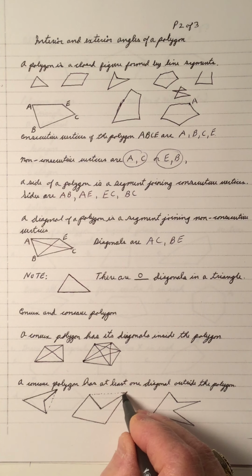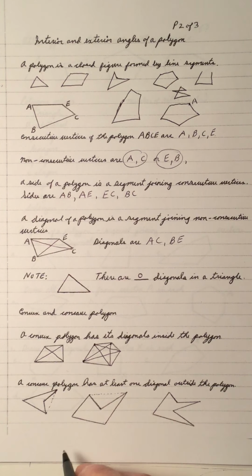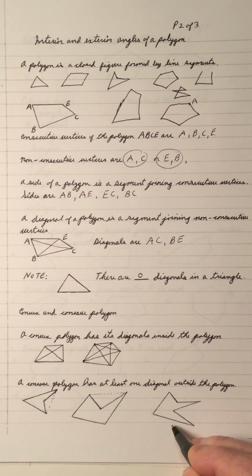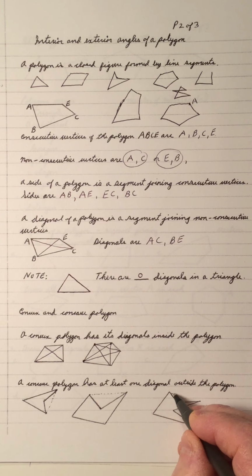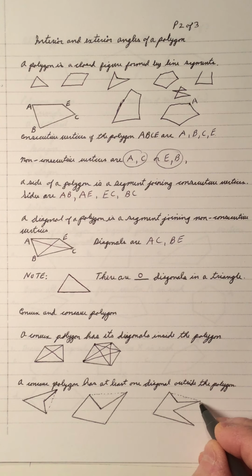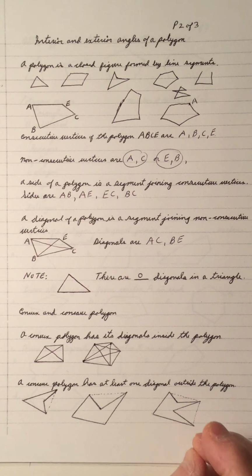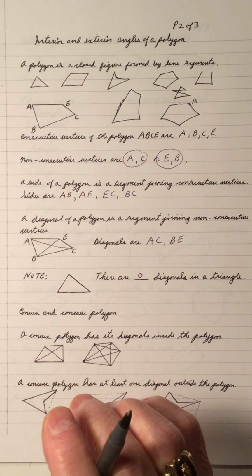But this one is non-consecutive, so that's the diagonal outside. So that's concave. And this diagram here has 1, 2, 3, 4, 5, 6 sides. But this diagonal is outside, and this diagonal is outside. So as long as there's at least one diagonal outside, we have a concave polygon. Convex is when all the diagonals are inside.